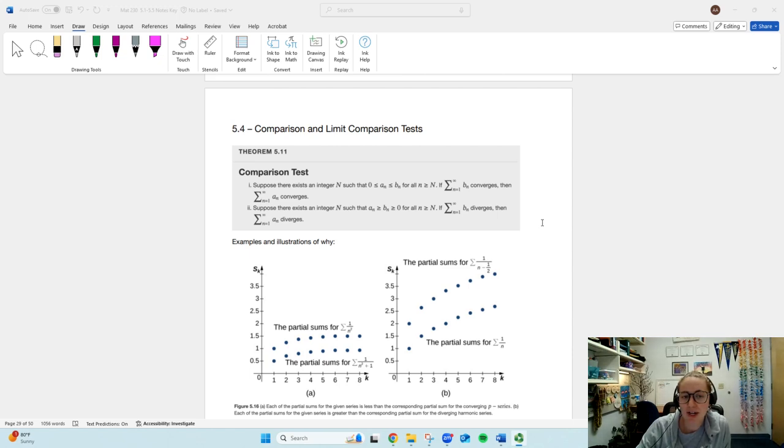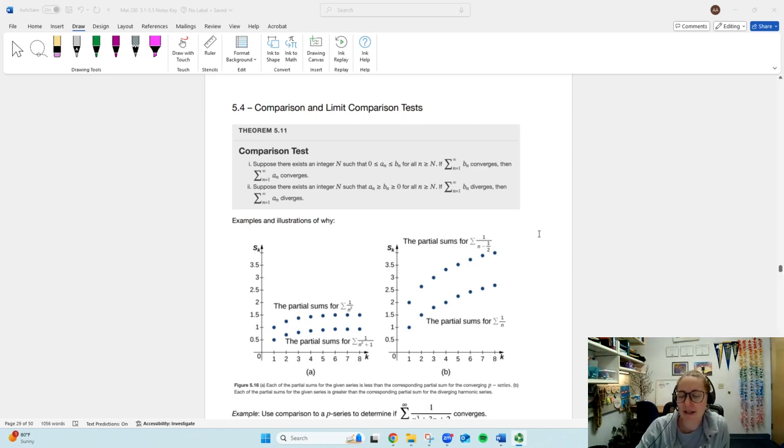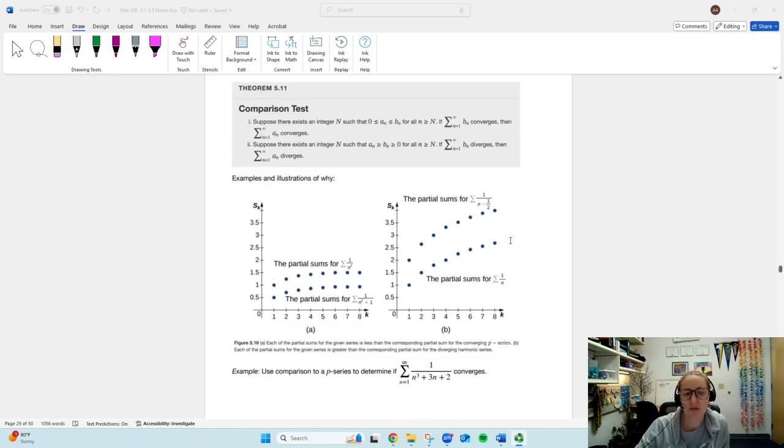When we are actually using comparison tests, we're using a series we already know either converges or diverges, and we're comparing that thing that we already know converges or diverges to what is in question. So for example, let's say that I am given this series right here. So the summation of 1 over n squared plus 1.